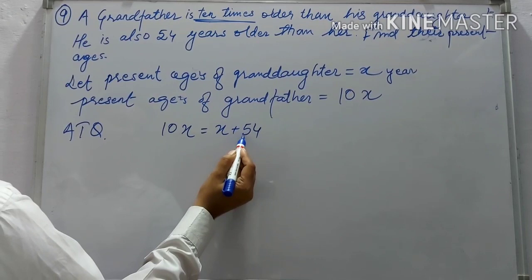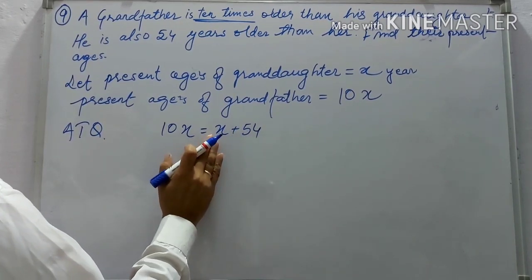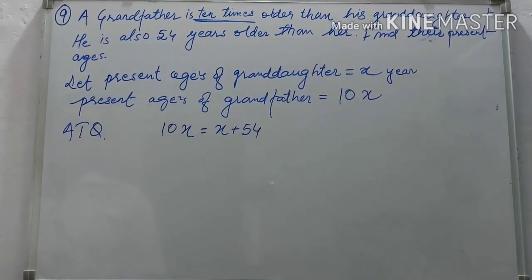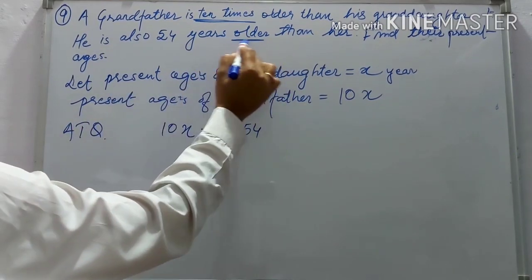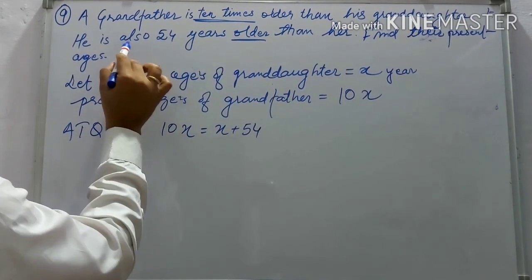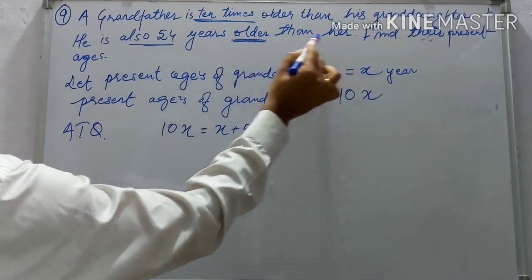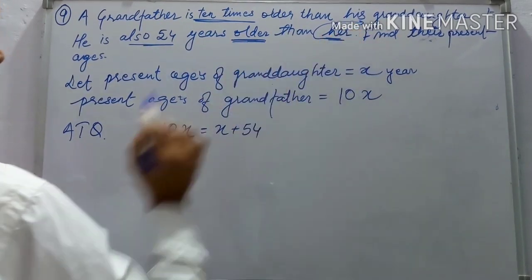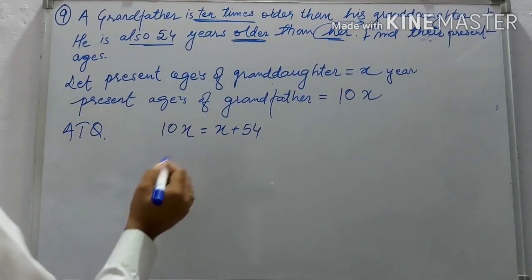There, x plus 54 means the age of the granddaughter plus 54 is the age of the grandfather, since he is 54 years older than her. Her is the granddaughter. Okay, now solve.